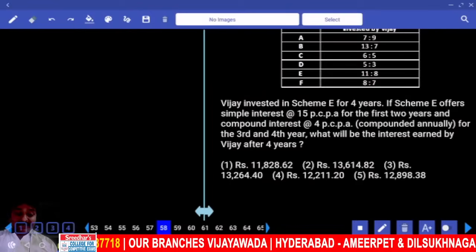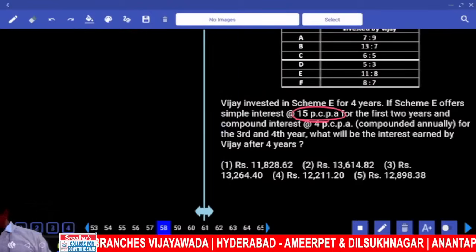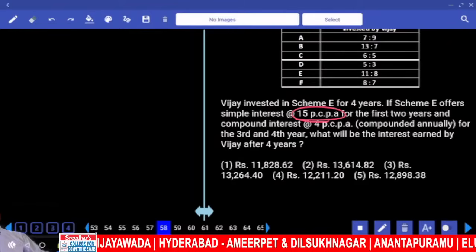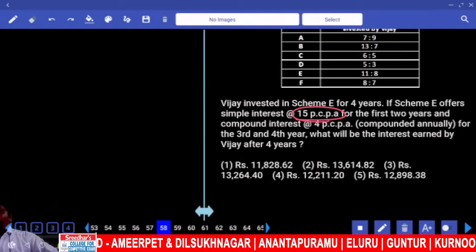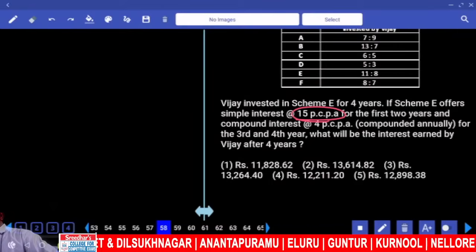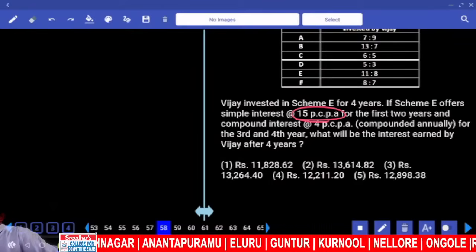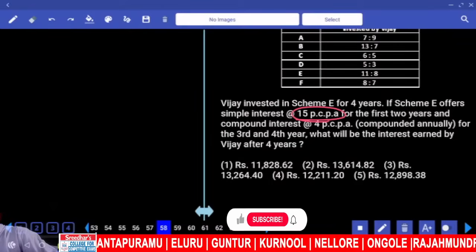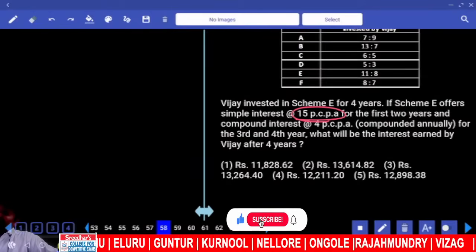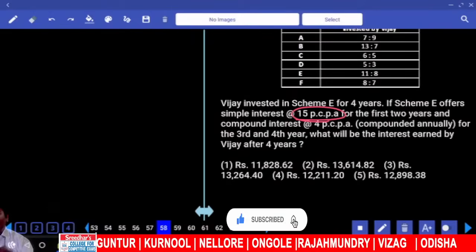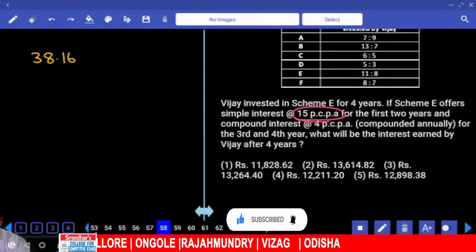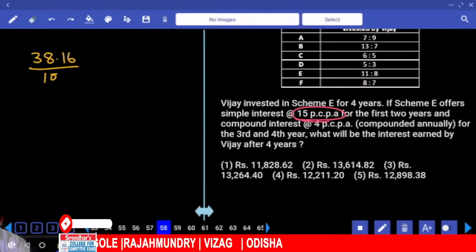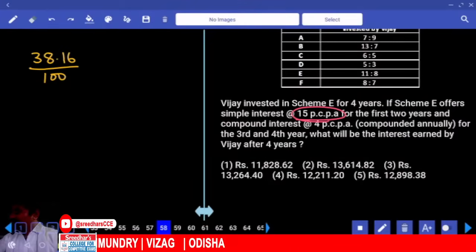First 2 years, how much interest? 30. Next 2 years, at the rate of 4% per annum, compound interest for 2 years is 4 plus 4 plus 4 square by 100, 8.16. Already 30. Total 38.16 percent. This much you have to calculate.